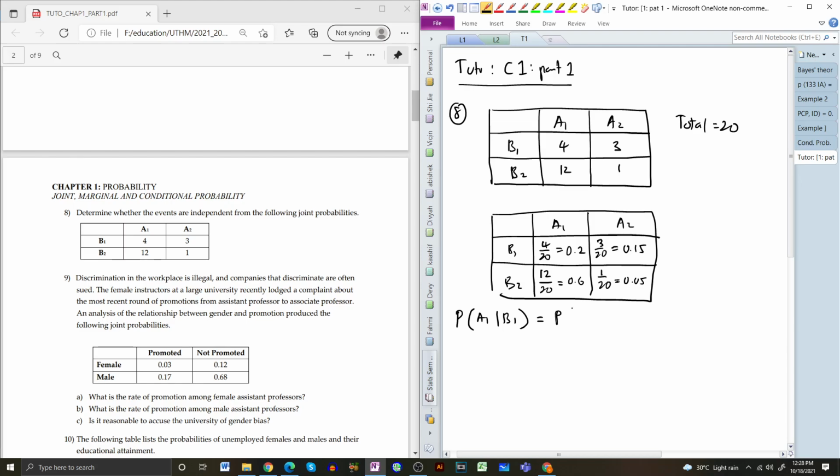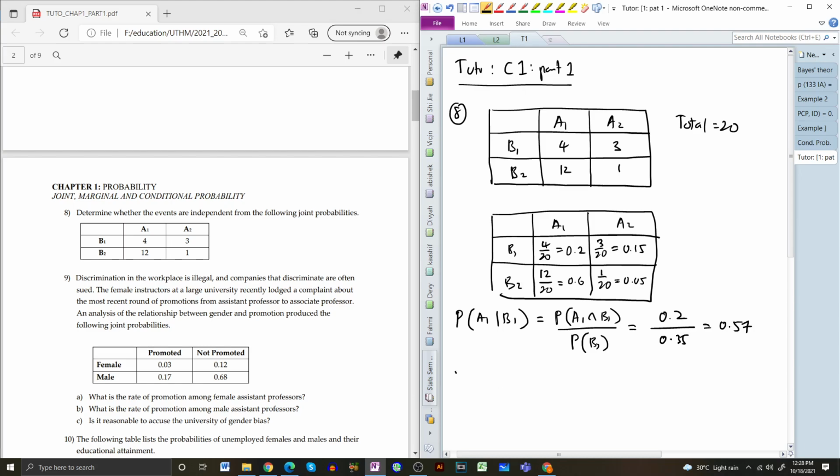Let me write one. Joint probability of A1 B1 is 0.2. The probability of B1 is this side, 0.35, and you will get 0.58.